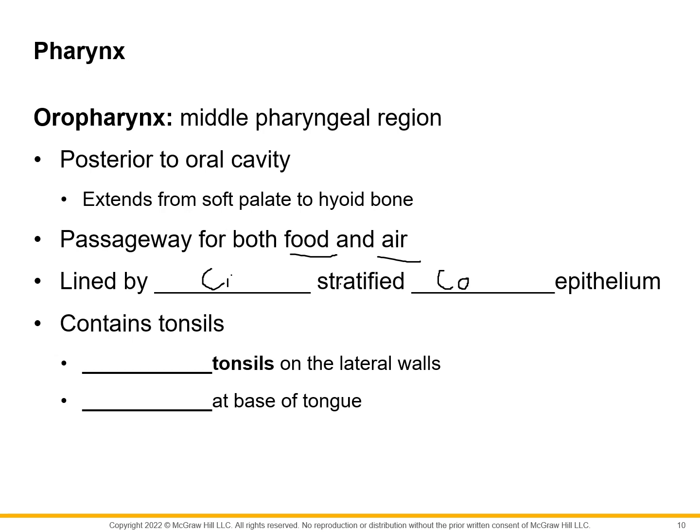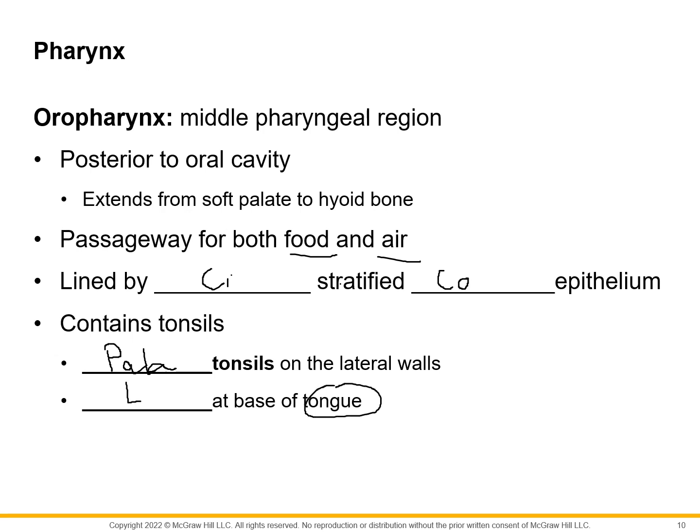Now these have the palatine tonsils on the lateral wall. So if you stick out your tongue and open your mouth really wide, you see these tonsils that are on either side of your uvula. Those are your palatine tonsils. We also have a tonsil called the lingual tonsil at the base of the tongue.